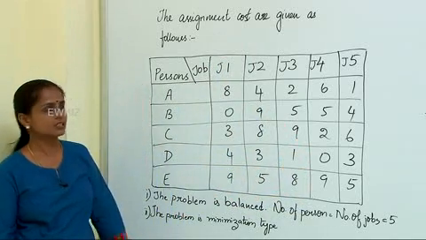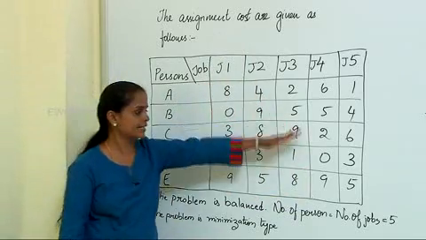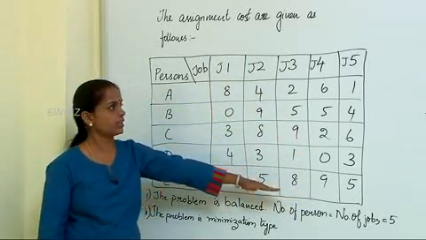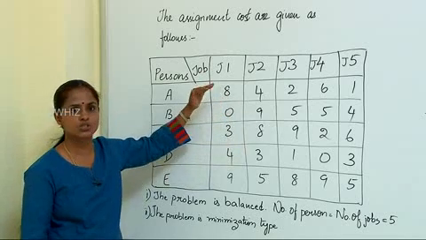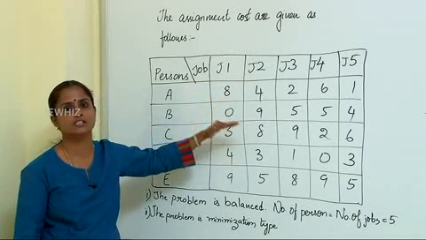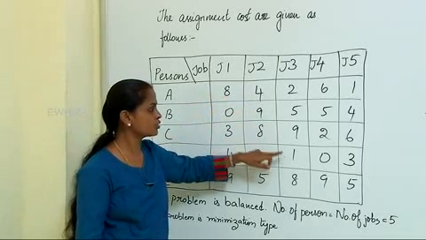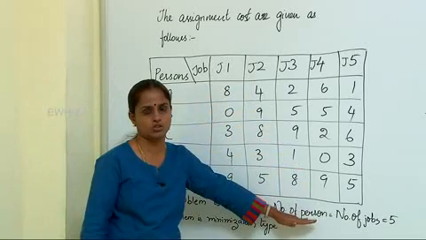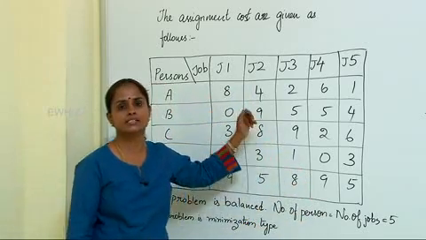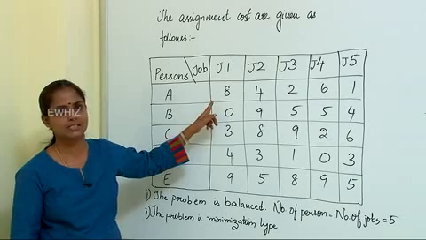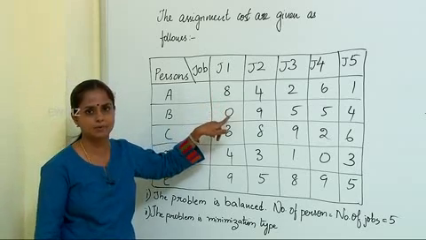The first step is you have to scan all the entries. Scan row wise. Step 1 states that you should scan the data row wise, which is mandatory. So scan the data row wise and check whether you have 0 in all the rows. The place 0 indicates that this is a possible place for assigning because it is the minimum cost.